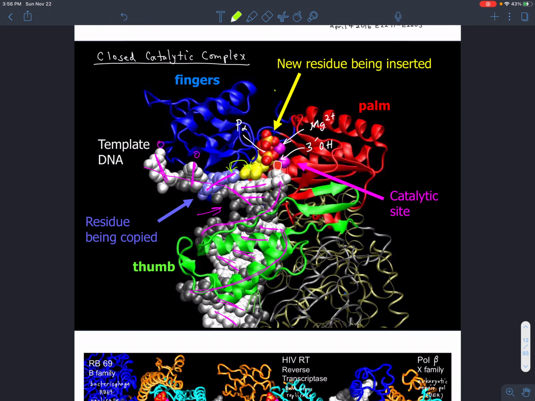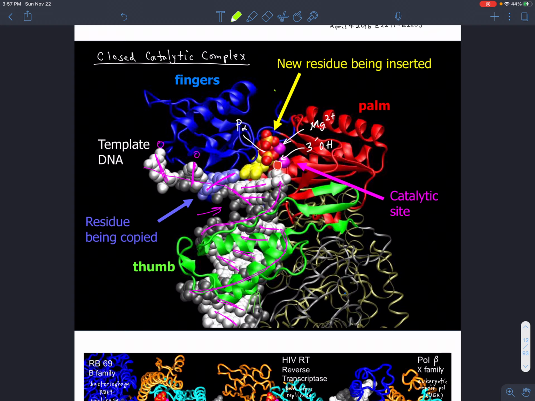The hydrogen bonds between this template base and this incoming new base are already made, and not only that, but this NTP is kind of sitting a little bit off from where it's going to be finally when it's actually part of the DNA. It shifts a little bit during the reaction, but it's close. It's already almost in the exact position where it will be. It's kind of almost already part of the DNA, right? Except for the fact that this bond needs to be formed. It's already in the right place.